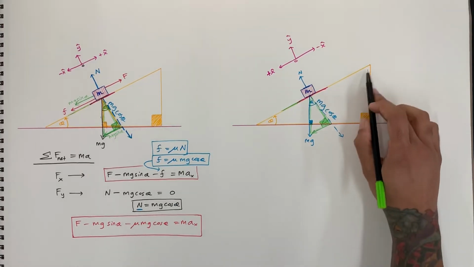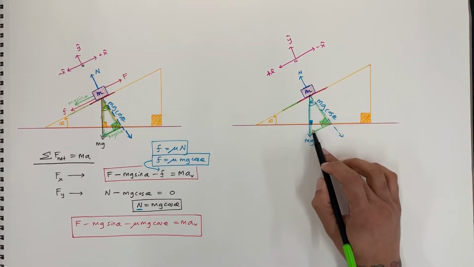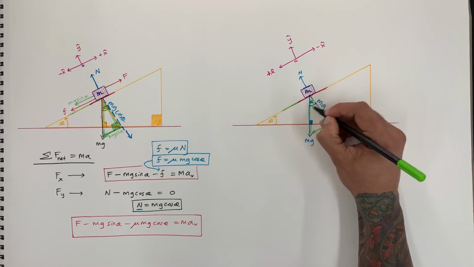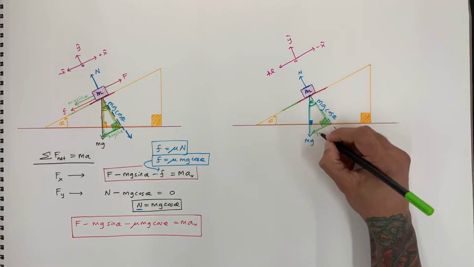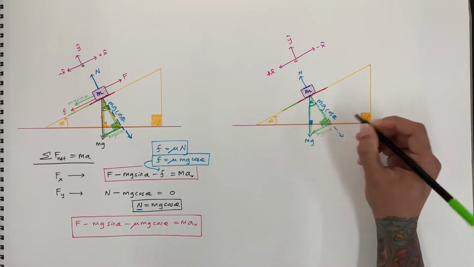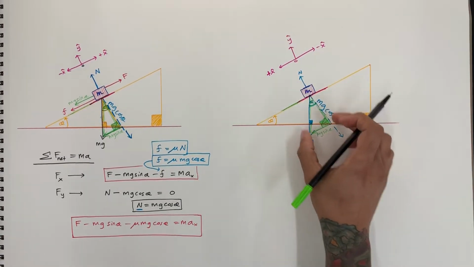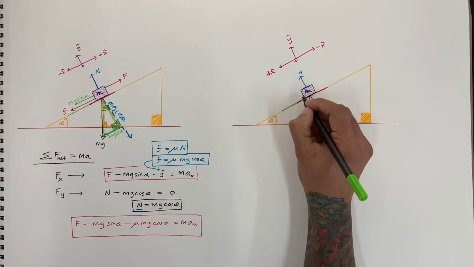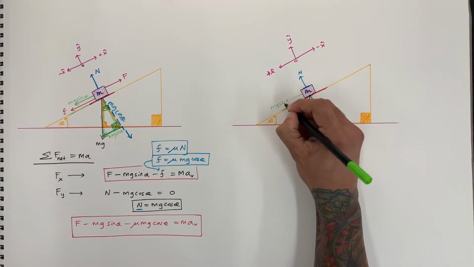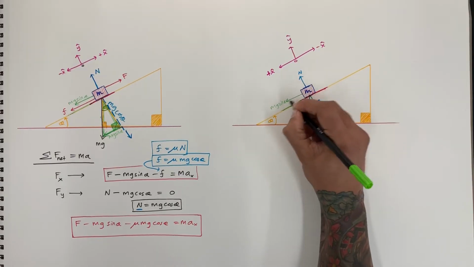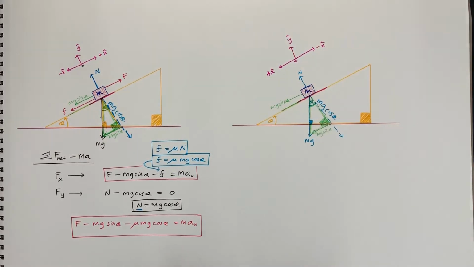This is the shorter side with no angle. So shorter side, no angle. And so we can use this triangle opposite over hypotenuse, which is mg sine theta. And we can put this vector up here. And so we got mg sine theta. Okay, this and this are the same vector.